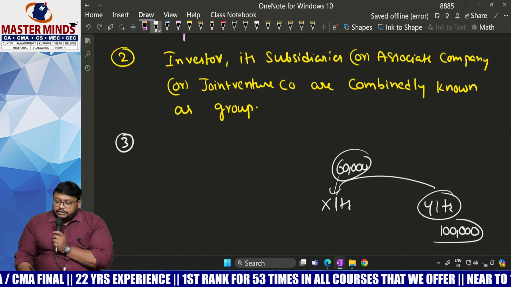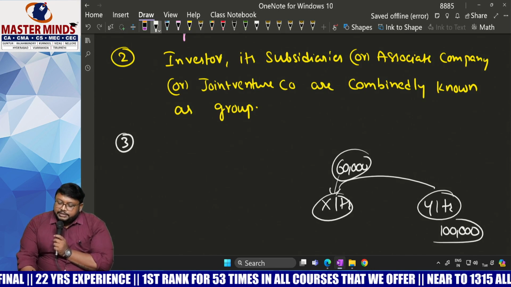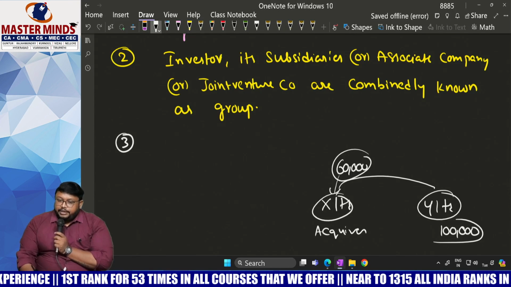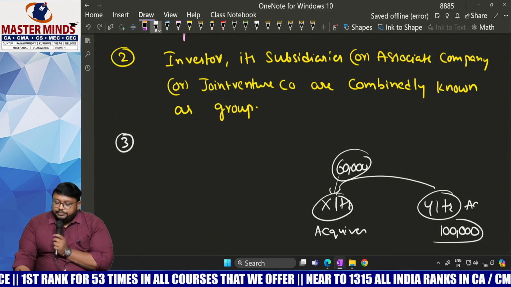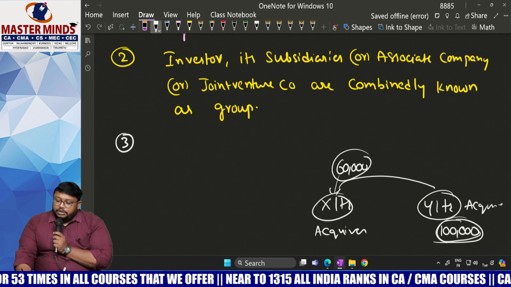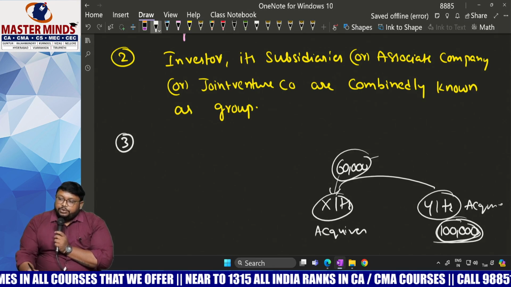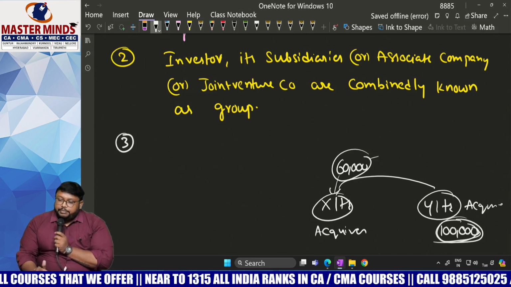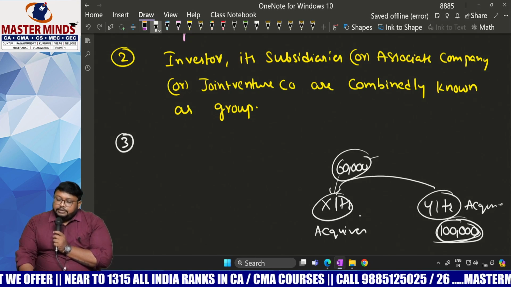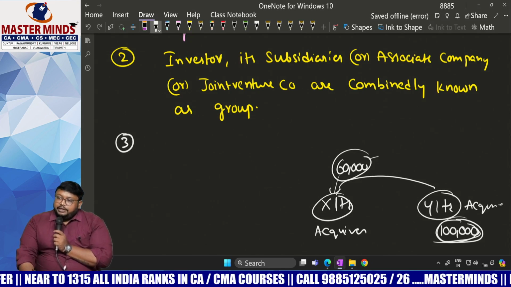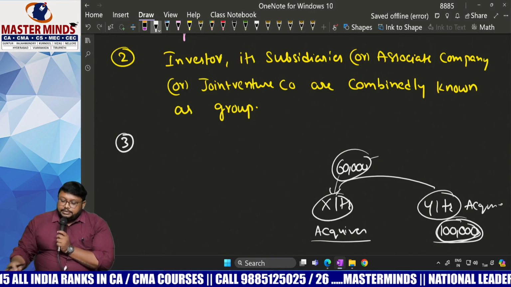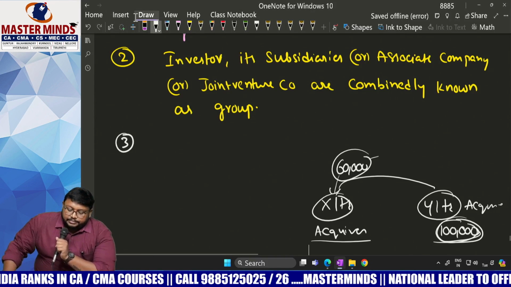So X Limited acquired 60,000 stakes, so X Limited will be the acquirer company, and Y Limited will be the acquiree company. Out of 1 lakh shares, 60,000, more than 50%, are held by X Limited. So X Limited is a holding company in our old language. That holding company is the parent company, and the parent company we can also call the acquirer company, because we are acquiring the other company's shares or stakes.